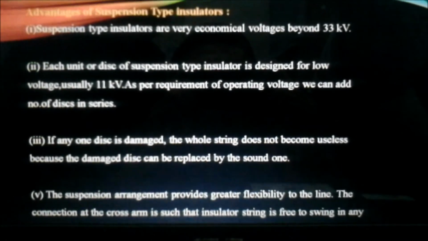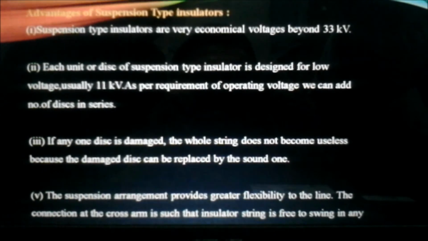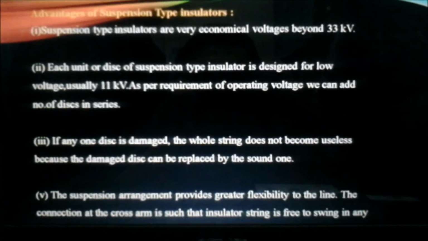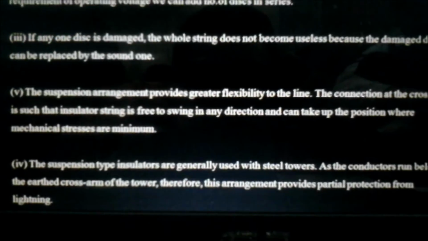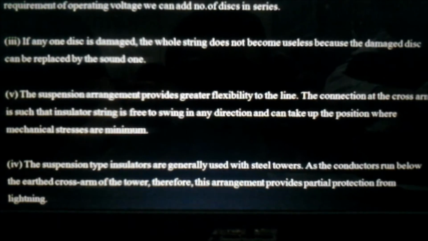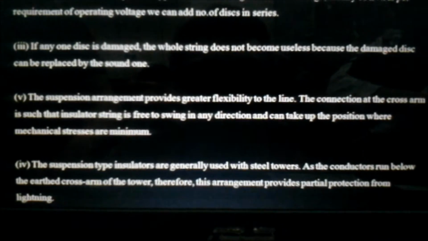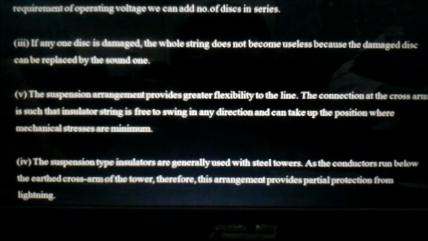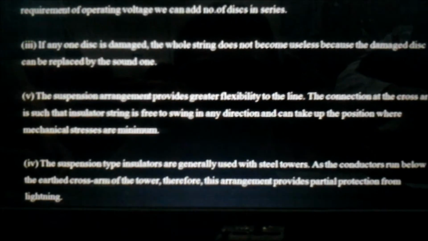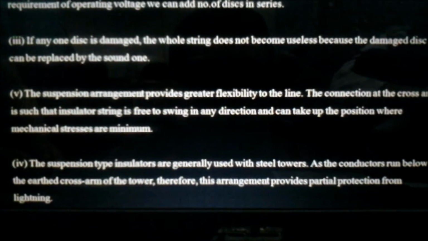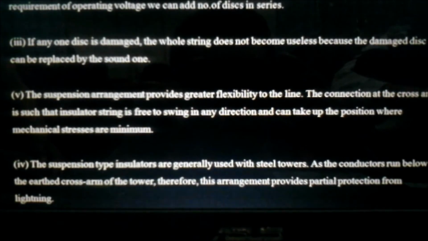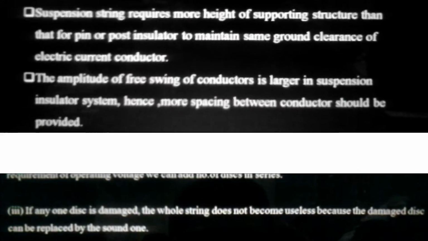As per the requirement of operating voltage, we can add a number of these in series. The suspension type insulators are generally used with steel towers, as the conductors run below the earth cross arm of the tower. Therefore, this arrangement provides partial protection from lightning.